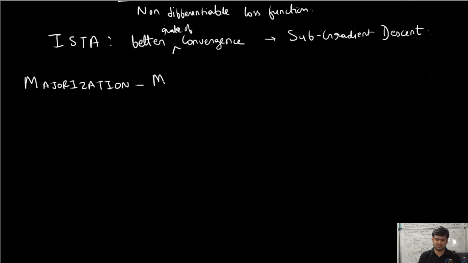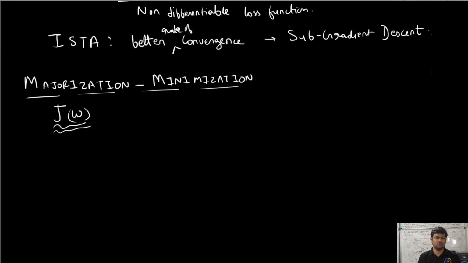Majorization and minimization is a mathematical concept where we optimize a loss function, which we can denote as J of w.